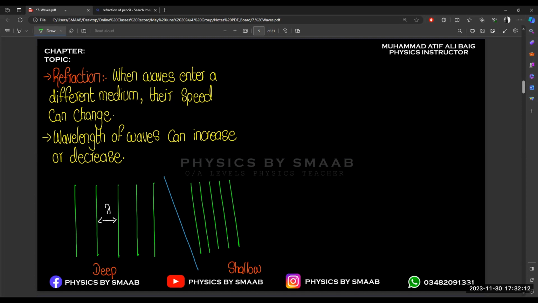You can easily feel the difference in the distance between the waves. So this is your wavelength now. Your wavelength actually decreases in the shallow medium, and the direction also changes from a straight one to another direction, like this. So what do we actually observe if we compare these two mediums?